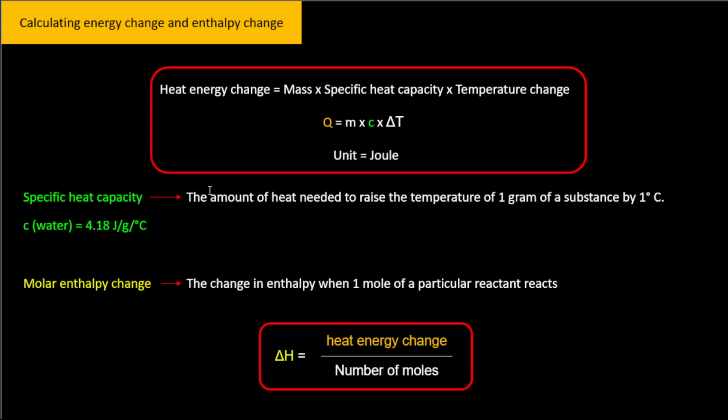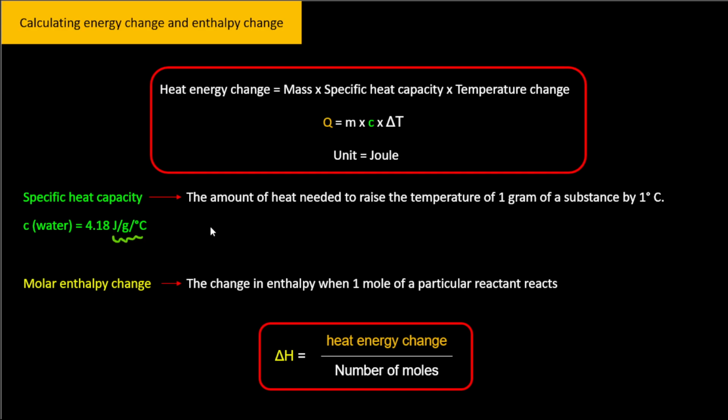So let's look at the definition here. Specific heat capacity is the amount of heat which we need to raise the temperature of 1 gram of a substance by 1 degree Celsius. The specific heat capacity of water is 4.18 joules per gram per degree Celsius. Okay, so this is the unit for specific heat capacity.